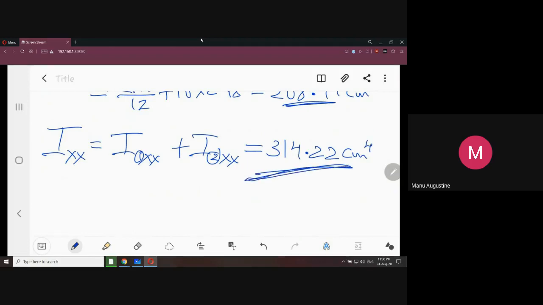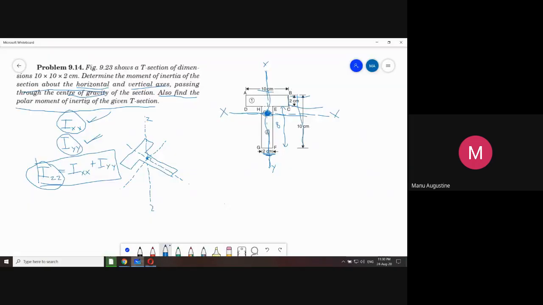So this is your first answer. Your task was, please remember, to calculate moment of inertia of the section about horizontal axis passing through center of gravity. So that is Ixx. We have already calculated Ixx. This task is completed. Now we will set out to find Iyy.